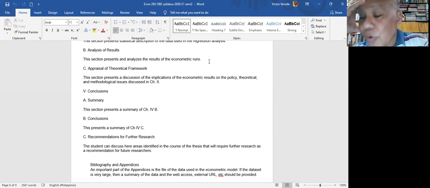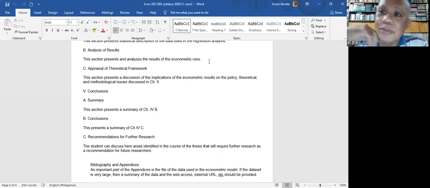But in chapter 4, your tables of data would be the results of your econometric run. So effectively, you're the one who generated that data. So you no longer need to identify the source. When you don't write down the source, it means that you generated the table. And in fact, you did. It came from your econometric runs. Okay?